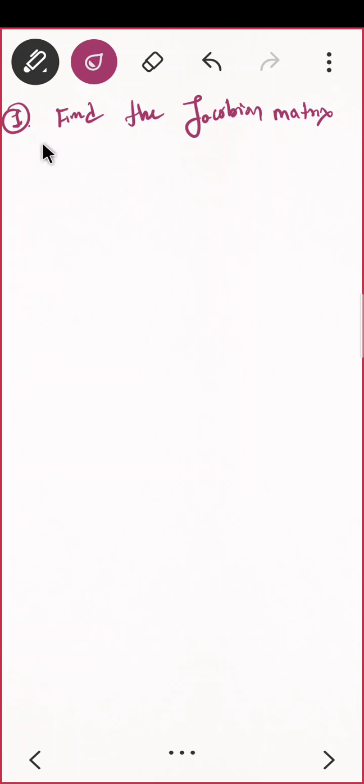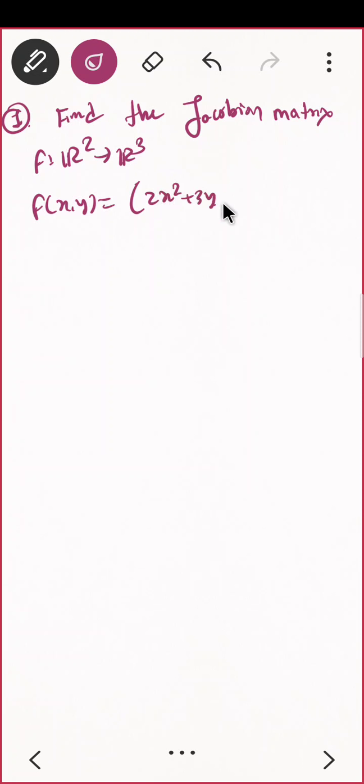Let us see one example. Suppose you want to, in the question, find the Jacobian matrix of the following vector field, say f from R2 to R3, and f of x, y is given by 2x square plus 3y, 4x minus 2y, and say x cube plus y cube.